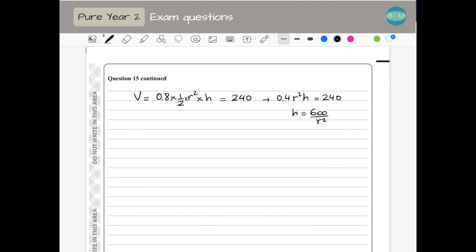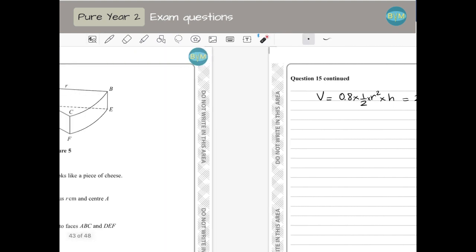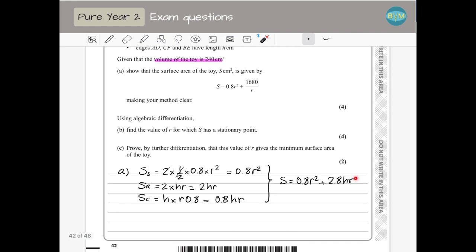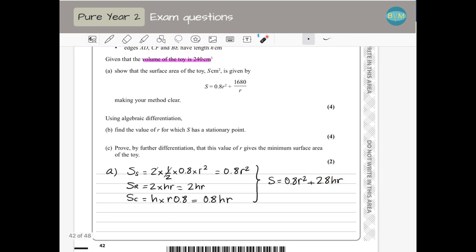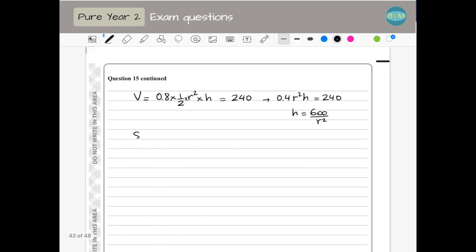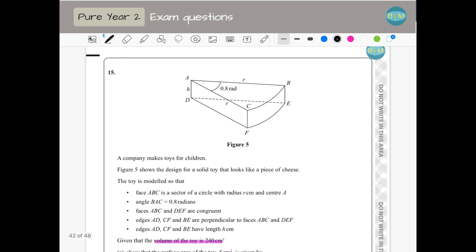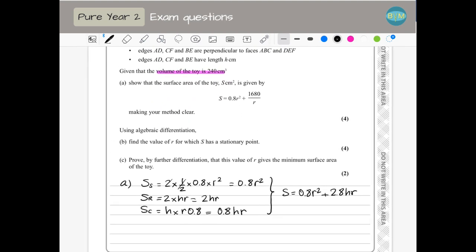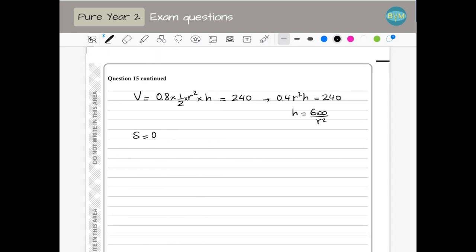And I can go to the formula that I had before and substitute h by that expression. So my surface area is going to be 0.8 r squared plus 2.8 times 600 over r squared times r.